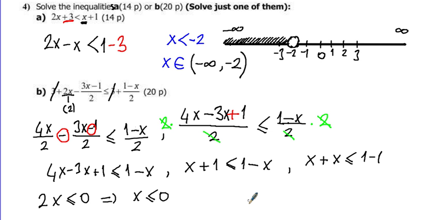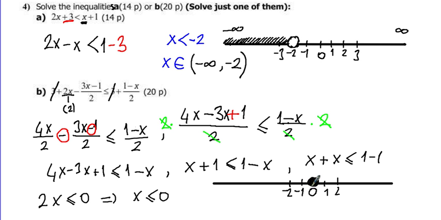What does it mean? How can I show this on a number line? Where is our line? Here it is. Okay, and we have 0 here, negative 1, negative 2, and here I have 1 and 2, and we have less or equal to 0.